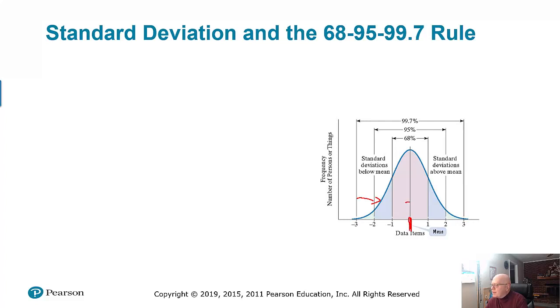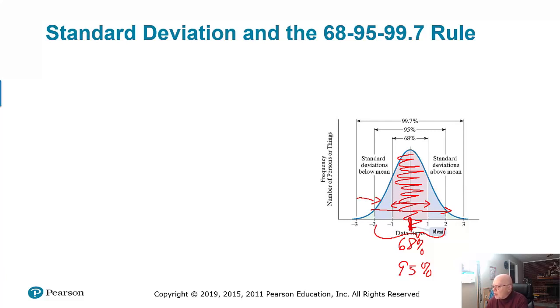And if we go one standard deviation both ways, all this data in here makes up 68% of all the information. If you go two standard deviations both ways, this part right here makes up 95% of all the data, all the people, or all the 2x4s, or whatever it is that you're measuring.